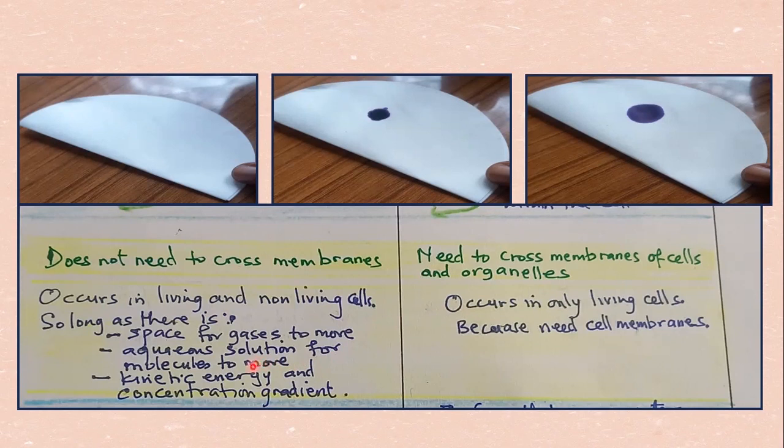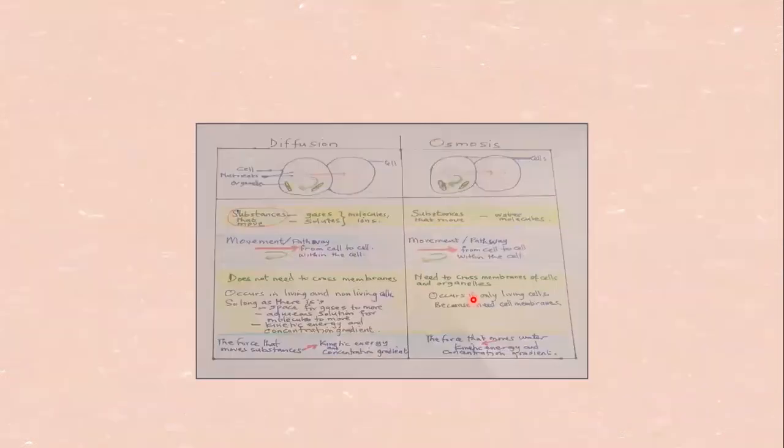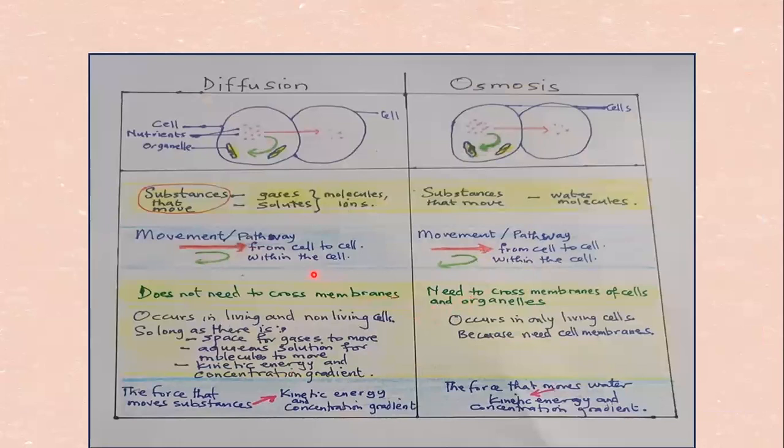All that is needed for diffusion to take place is kinetic energy and a concentration gradient. And note that osmosis is like diffusion of water. But when it becomes osmosis, cell membranes need to be present. Well, we still have the same two processes we are comparing.